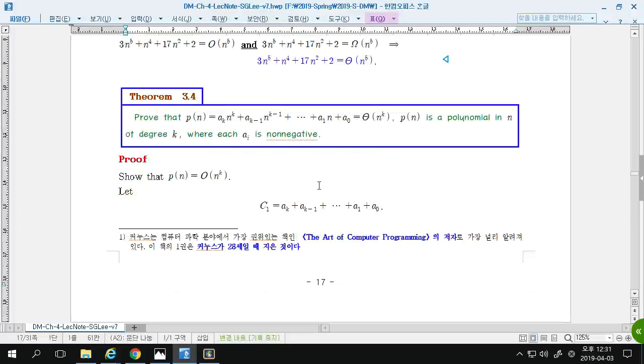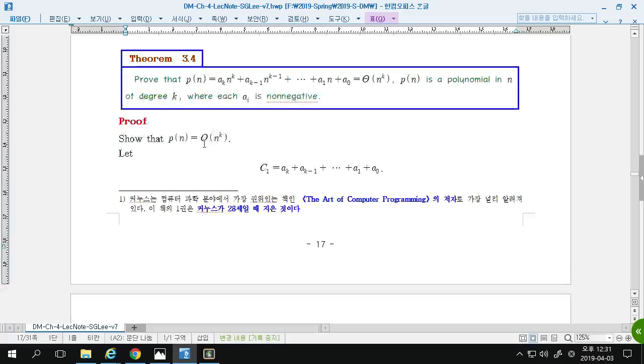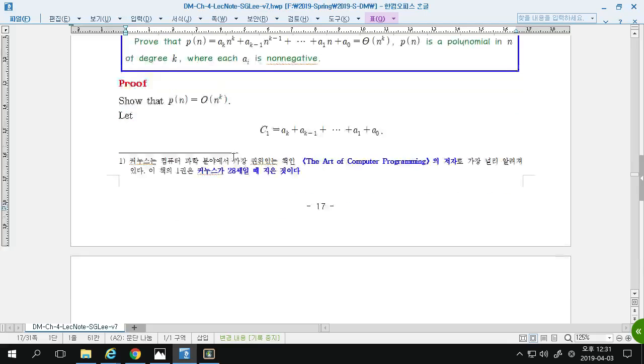Okay, good. Next theorem. Prove that P of n, this polynomial with degree k, is always big theta of n to the k, where P of n is a polynomial in n of degree k, where each a_i is non-negative. Always. How? Okay. Do the same thing.